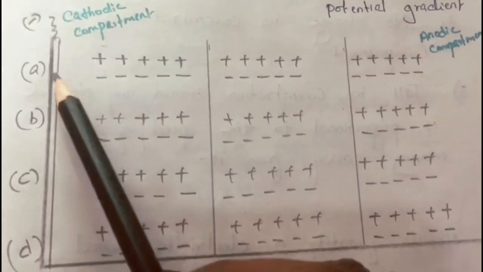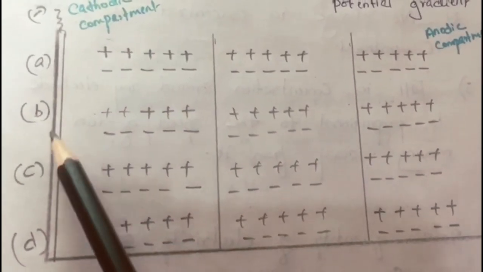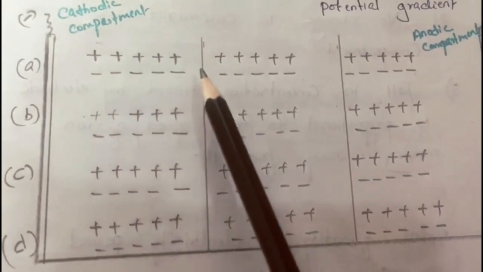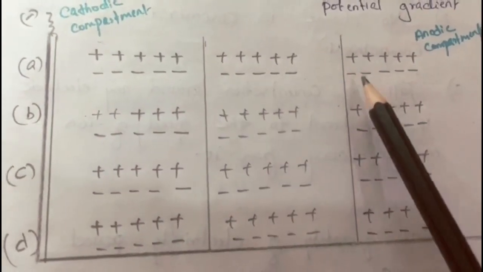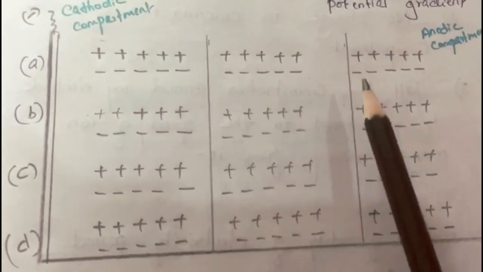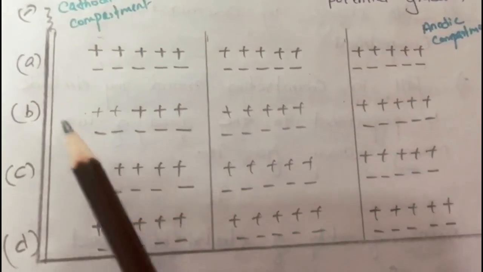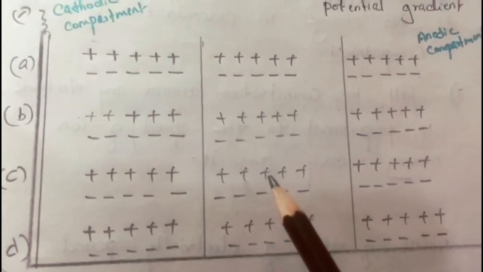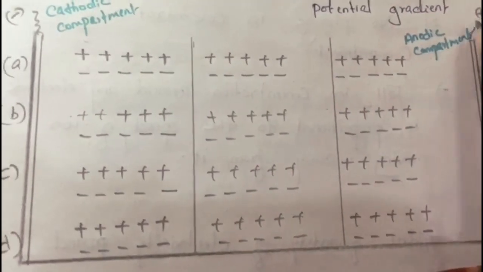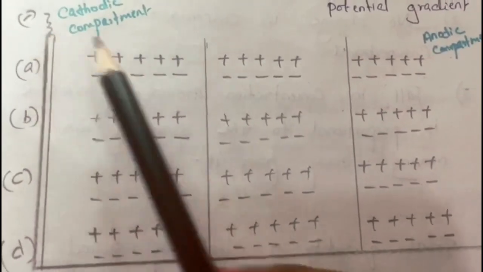So the first one is A. Then the other conditions are B, C and D. In the first one, before passing electricity, this is the first condition. That means the initial concentration. All ions are static and they are not moving. Now the second condition is only cations are moving. We know this is the anodic compartment, positive. This one is the cathodic compartment.